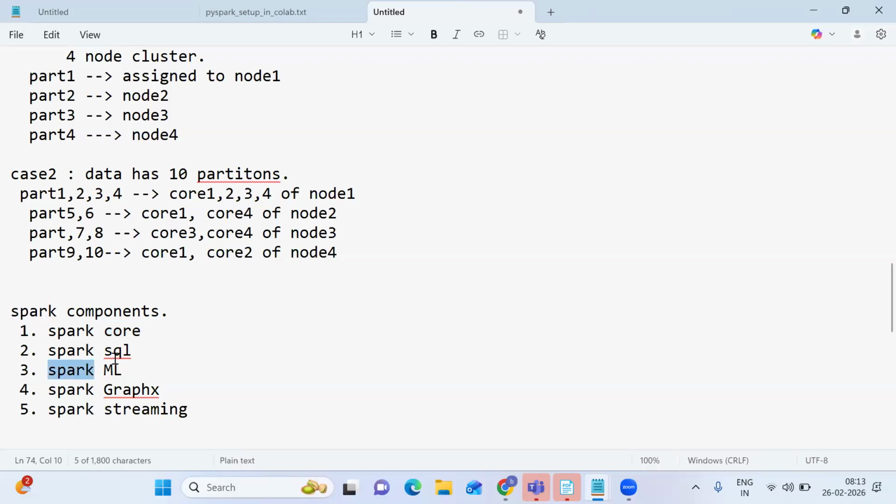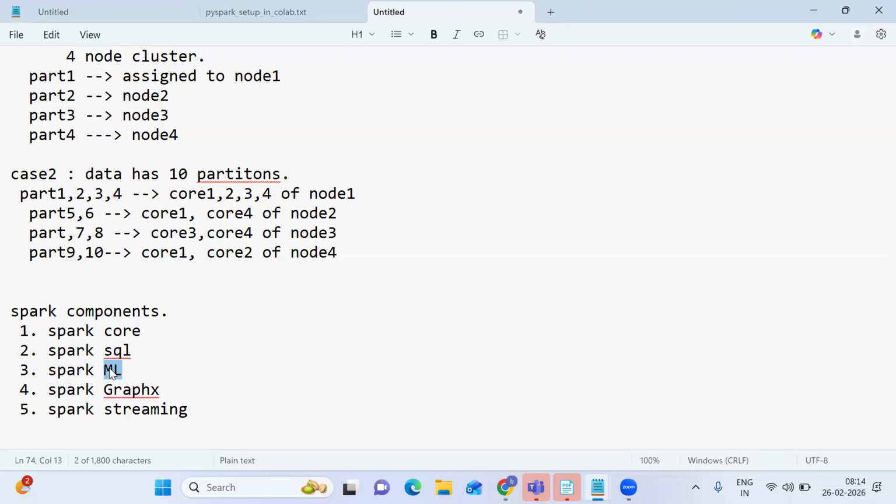And Spark SQL to process our structured data and also semi-structured data. To build our predictive models, Spark machine learning. With the help of machine learning, you can process unstructured data. Unstructured data examples already I told you. Raw text. Here we can use NLP.